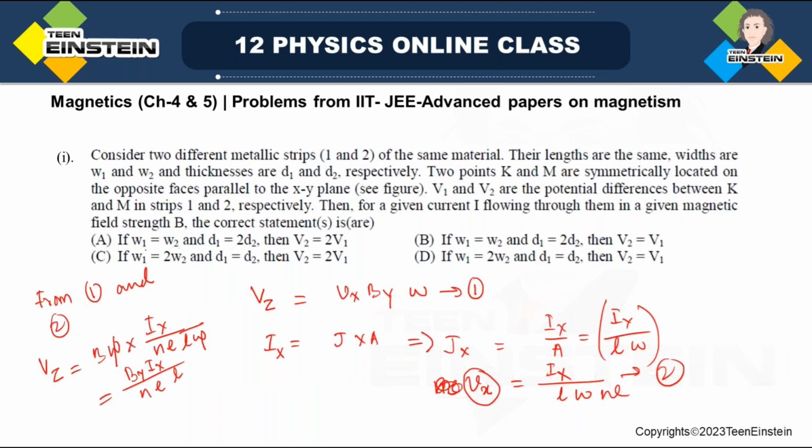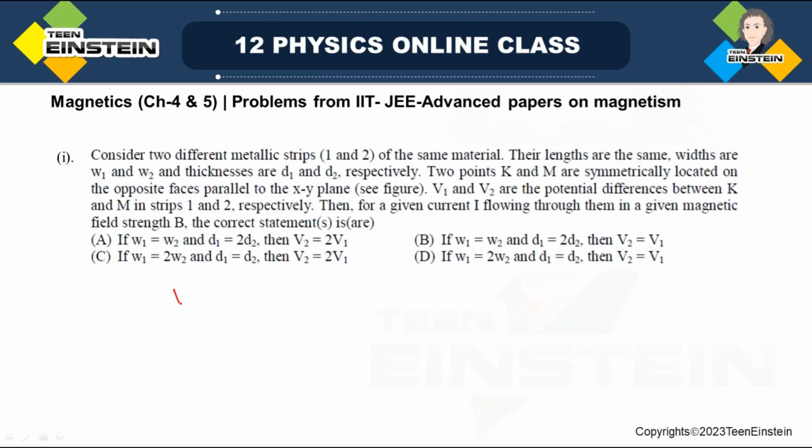Now we'll go to the question. See, we have got that V_z is directly proportional to W, and V_z is inversely proportional to D. Now when W1 is equal to W2, then potential V1 and V2 are equal.